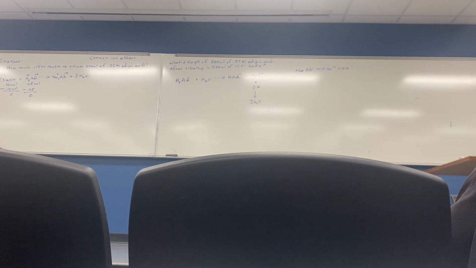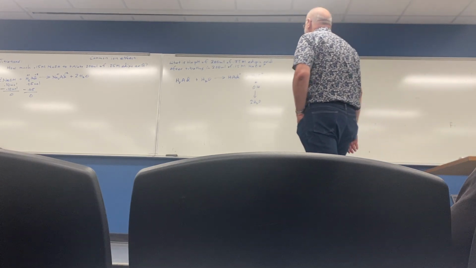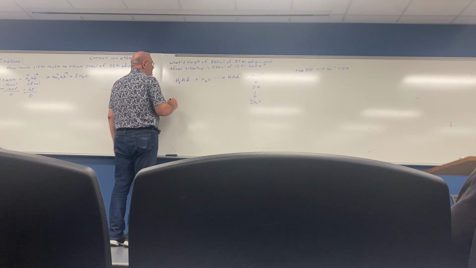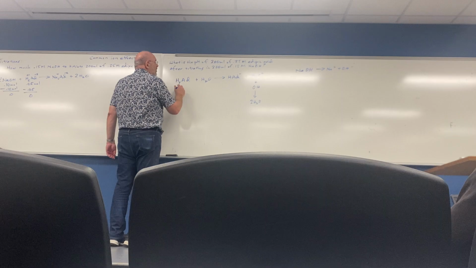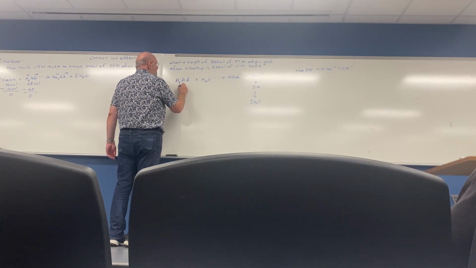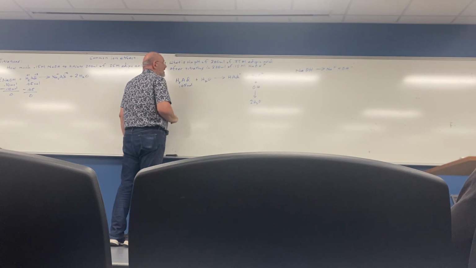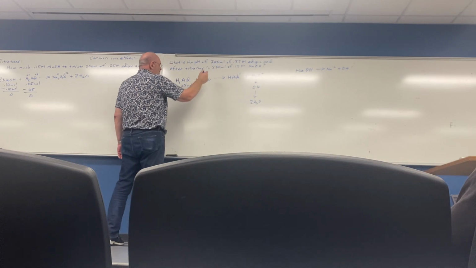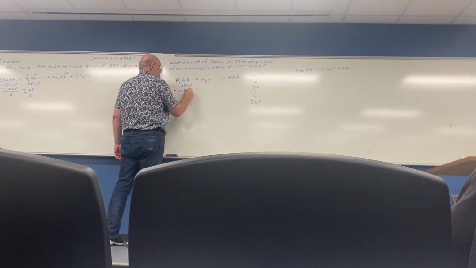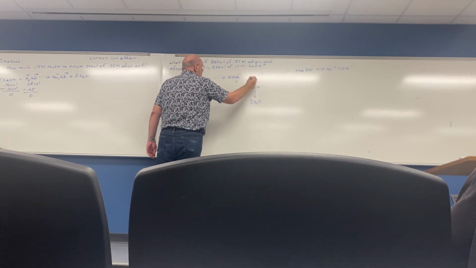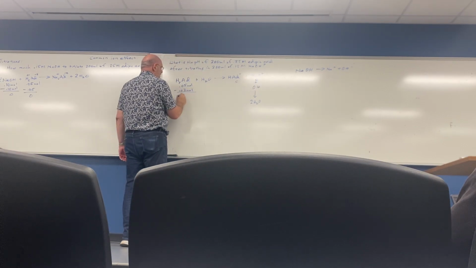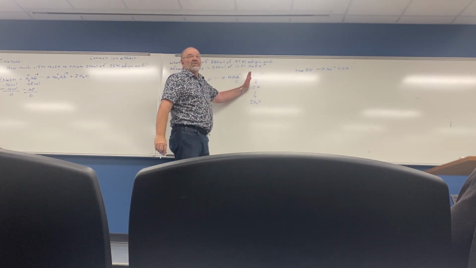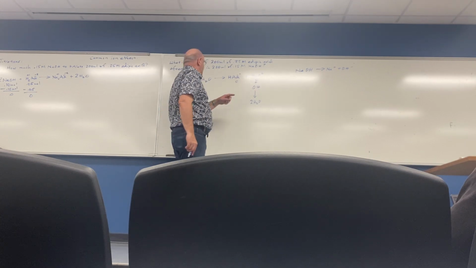So I remove this. I start with 0.05 moles, and this is 0.03 moles. So I have 0.02 moles left. This essentially all goes away.